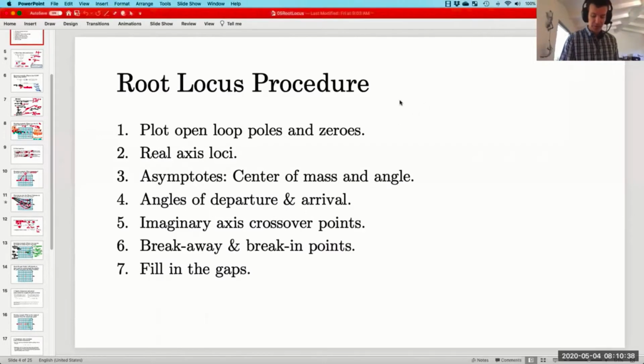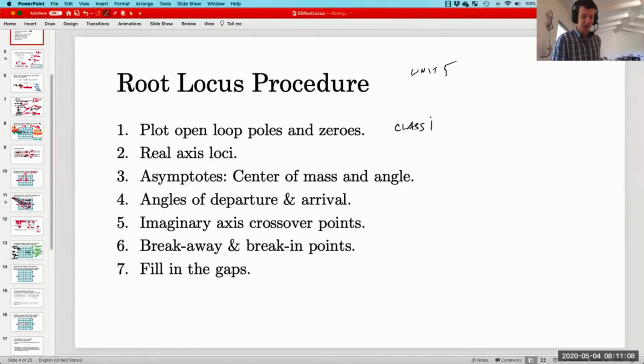So this is Unit 5, and we talked about the procedure steps, and what these are basically these glimpses that we get into the lives of where closed loop poles are or can live for certain variable values of k, the open loop gain. And so we talked about that in class number 1 in this unit.